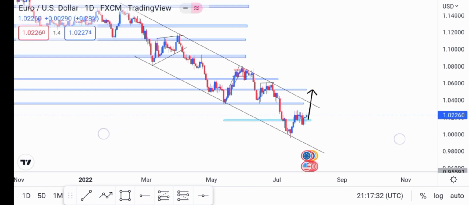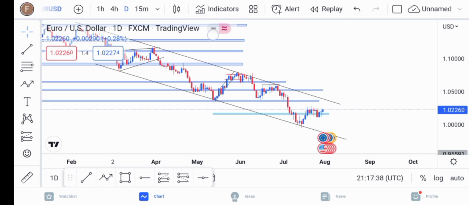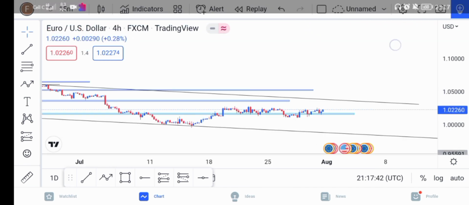Okay, so as you can see on the daily time frame, let us move to the 4-hour time frame to see what's really happening with Euro USD.